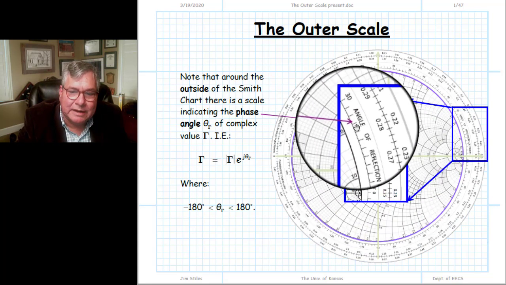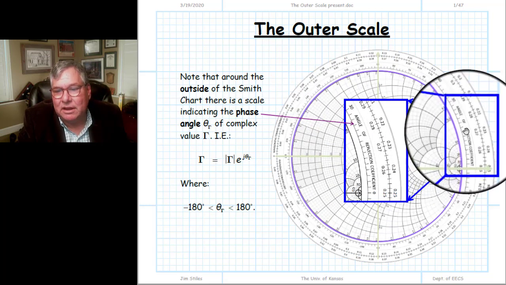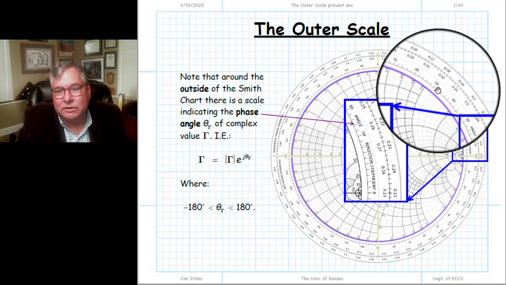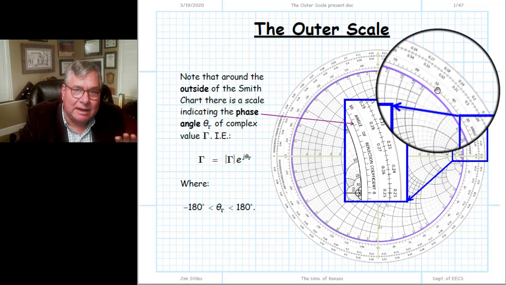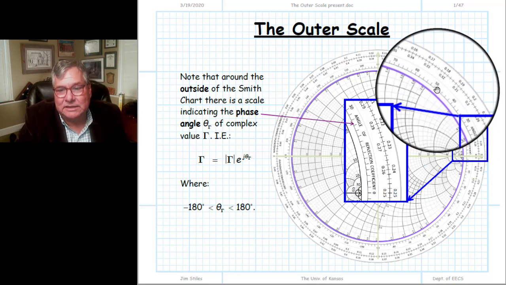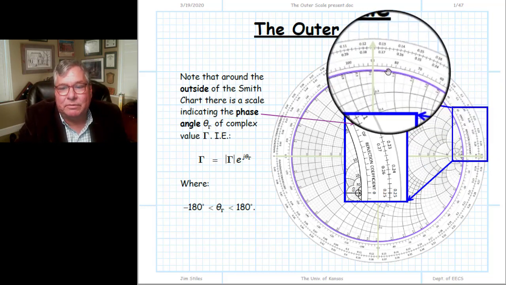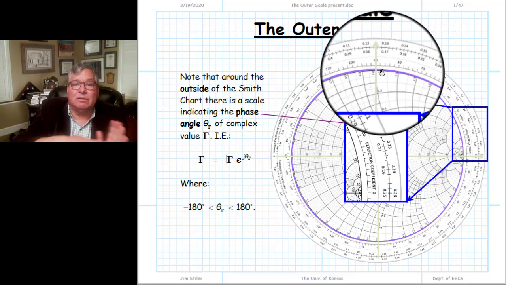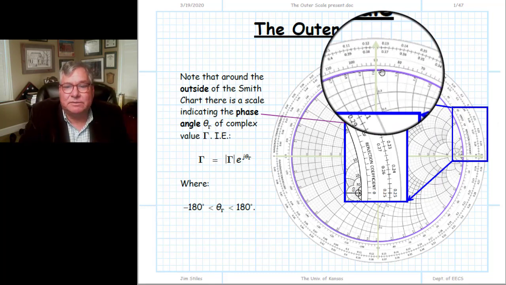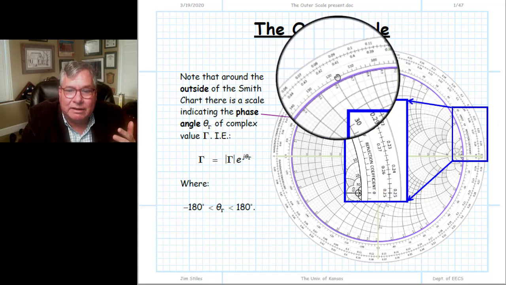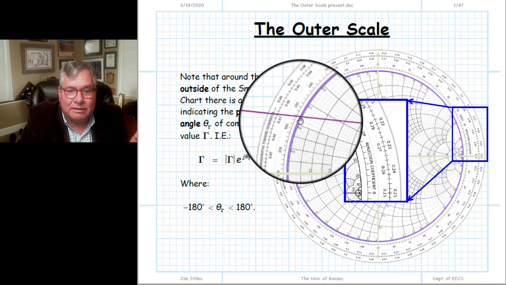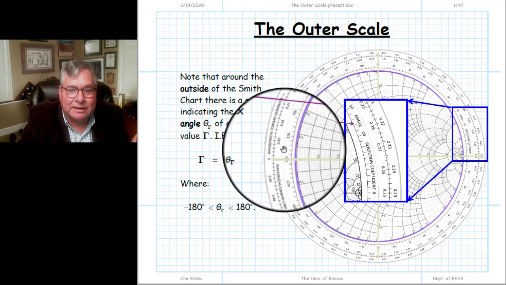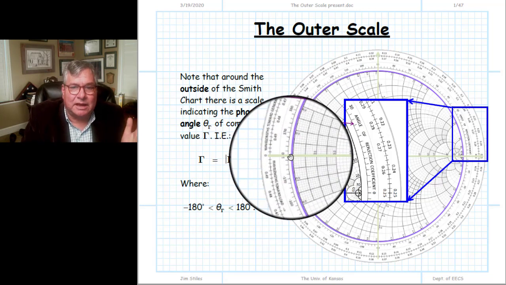Now, as we move in a counterclockwise direction along this angle of reflection coefficient scale, we see that the angle is increasing. We move up until we get to this point, and of course then the angle is 90 degrees. As we continue along, we get to 130 and then 160, and then finally on the other side, we rotate all the way around to an angle of 180 degrees.